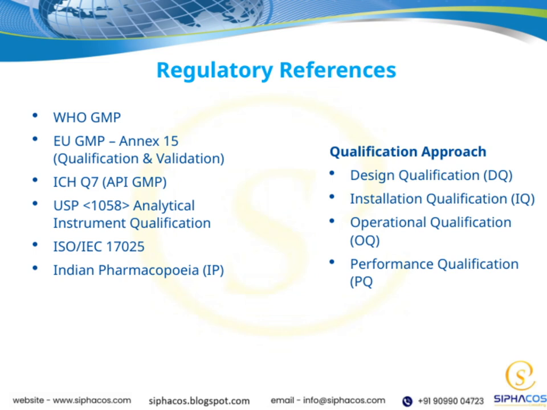USP 1058 covers analytical instrument qualification, emphasizing the importance of validated equipment for accurate testing. ISO IEC 17025 sets the standards for laboratory testing and calibration, ensuring our testing methods are reliable. Additionally, the Indian Pharmacopoeia, or IP, defines specific quality standards for pharmaceuticals in India.